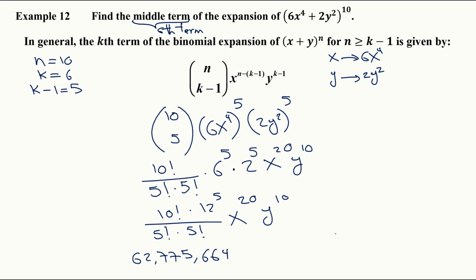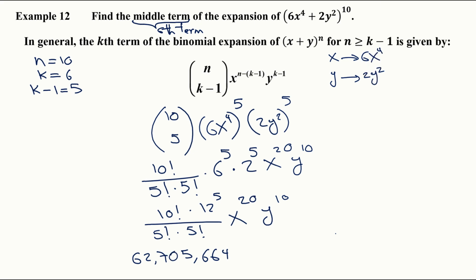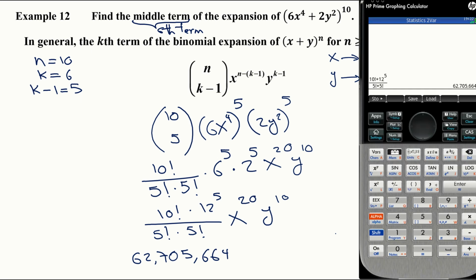Let's make sure I wrote that correctly. 62 million, oh, 705 and then 664. So that should be a 5. See why it's good to always double check? Because if you make an error, as long as you're careful and you double check or even triple check, you'll catch it.